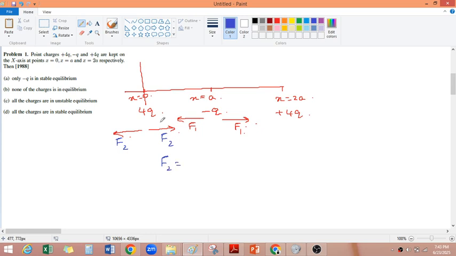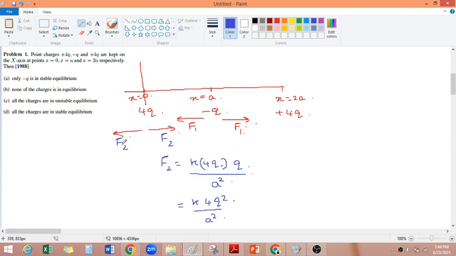F2 is equal to K into 4Q into this Q divided by this distance, which is R squared, A squared. K Q1 Q2 by R squared, where K is 1 by 4 pi epsilon naught. So K 4Q squared divided by A square.